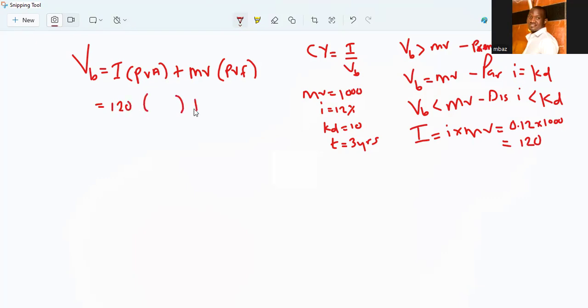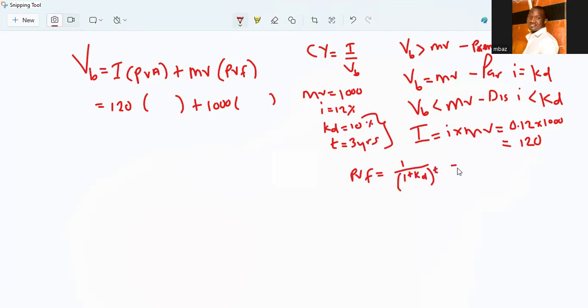Then we calculate our interest factor. The interest factor will simply be calculated based on the market rate and the time in period. So the present value interest factor will be equal to 1 over 1 plus KD to the power n, the time.